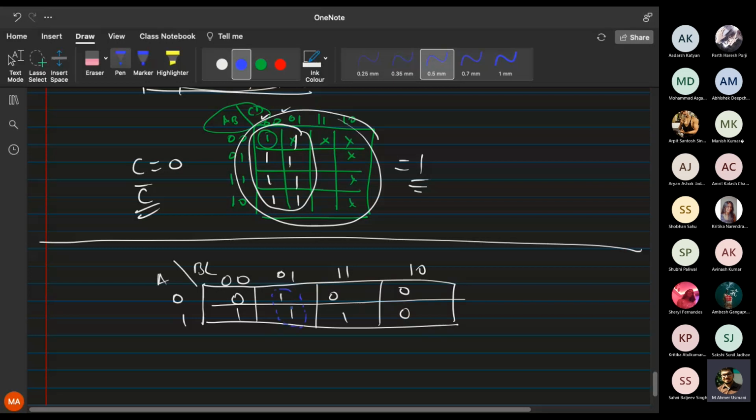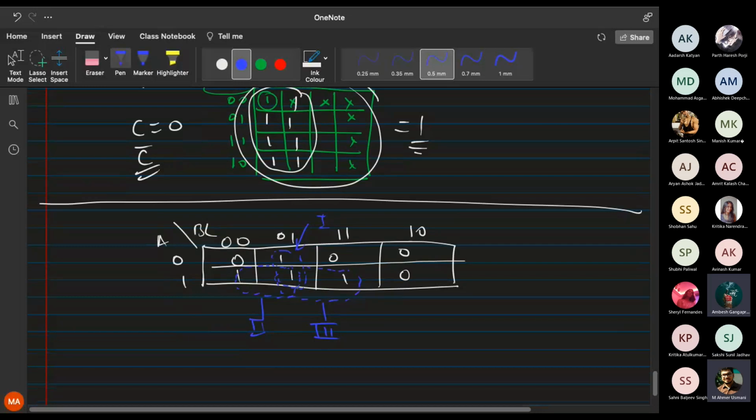No. So the second group will be this one. Has it covered all the ones? No. Then I'll make this group. Has it covered all the ones? Yes. So how many groups have I made? Group number 1, group number 2, and group number 3. So how many groups will be formed? 3 groups. Is that clear? Clear?